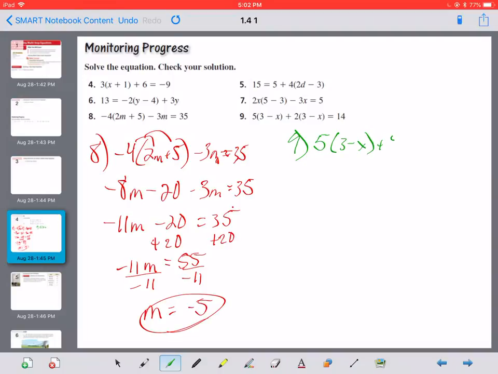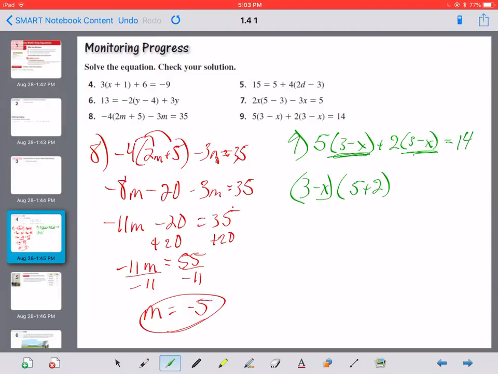And we'll do 9 in green. 5 times 3 minus x, plus 2 times 3 minus x, equals 14. Now I'm going to do something interesting here. Well, that'll work. Notice that they both have a 3 minus x.